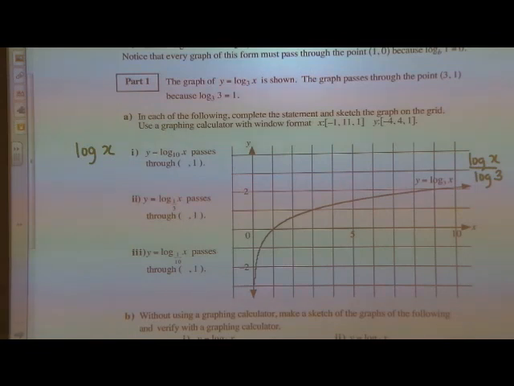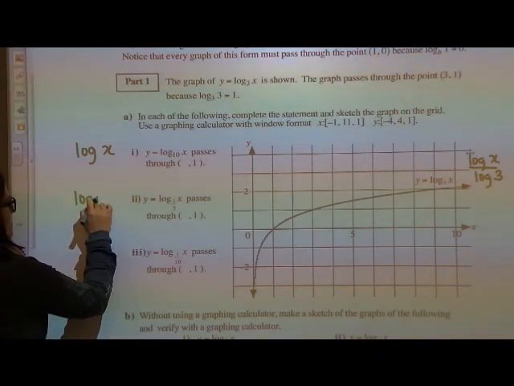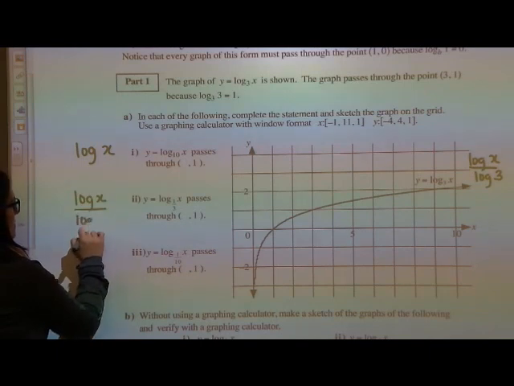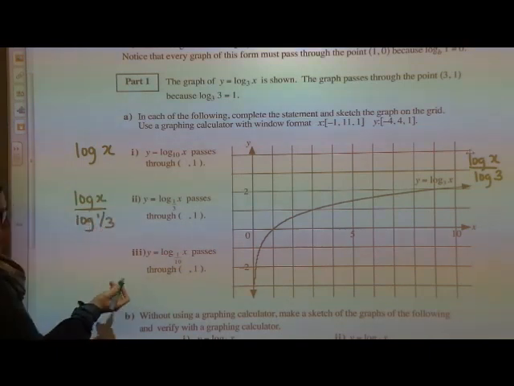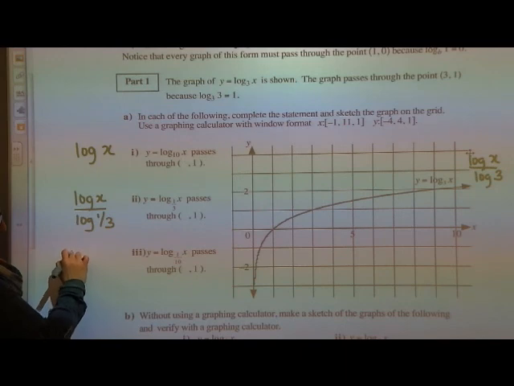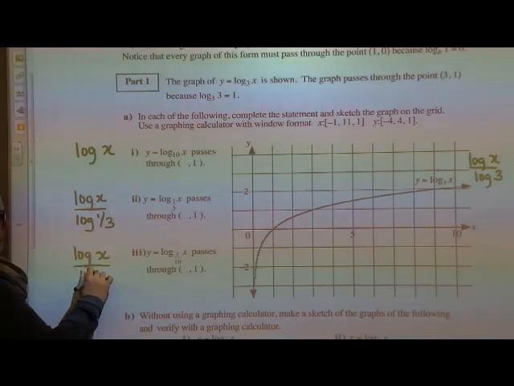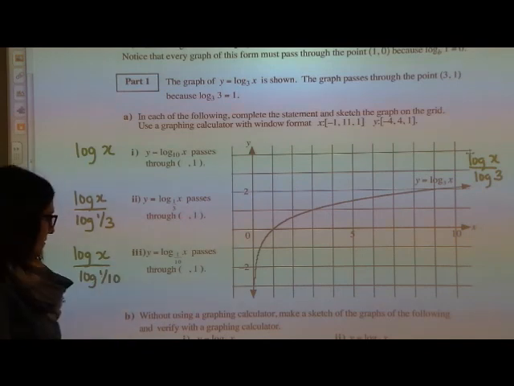How would I use my change of base to put that into my calculator? Log x over log 1/3. Yes. And then log base 1/10 of x would become log x over log 1/10.